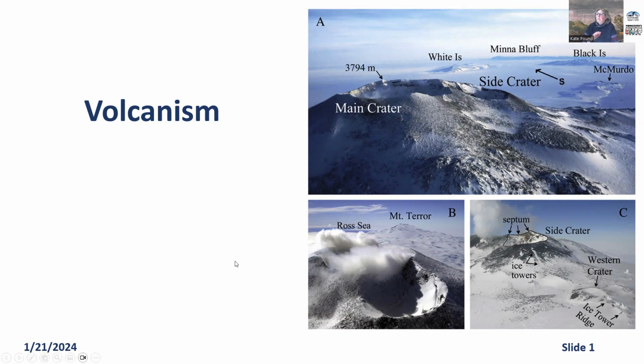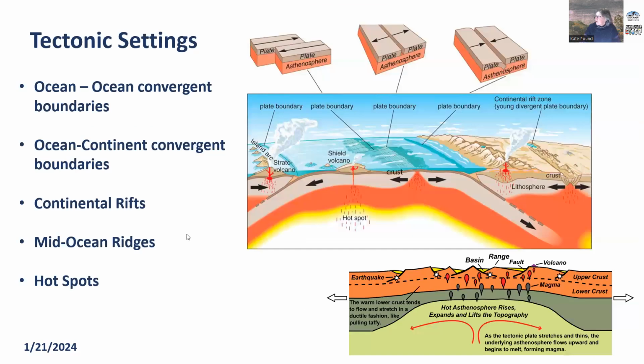No. What I'm hoping is, after having briefly looked at plate tectonics, you'll appreciate that volcanic activity is associated with different plate boundaries. So let's just remind ourselves of that.